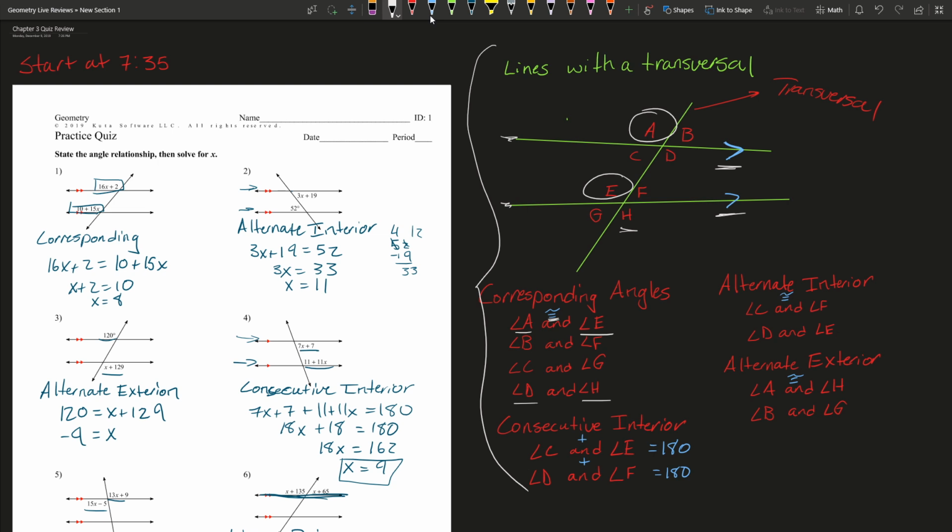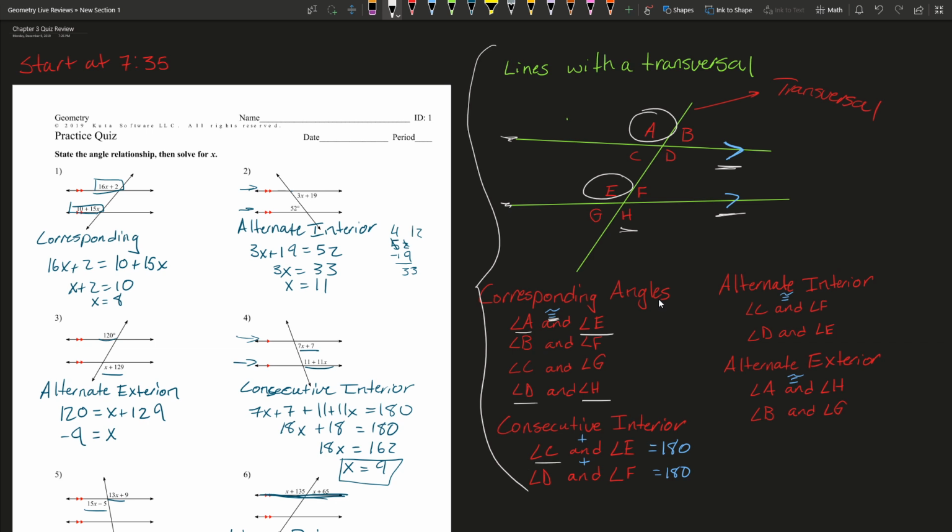The last one are consecutive interior angles. So consecutive means same side of the transversal. Interior means inside the two lines. Okay. And consecutive interior angles, if the two lines are parallel, then the sum of the two consecutive interior angles is going to be 180.